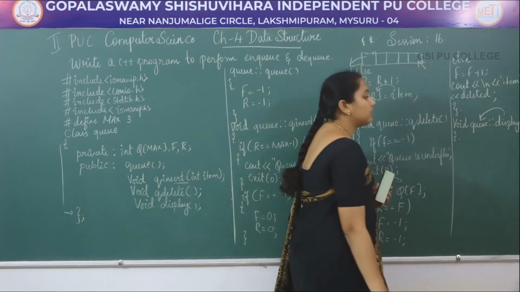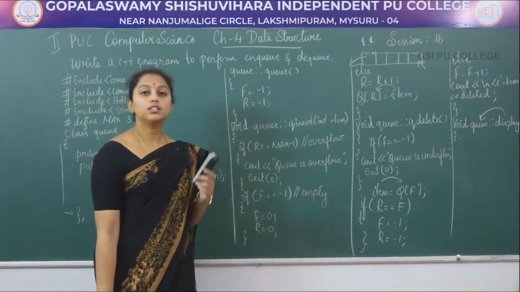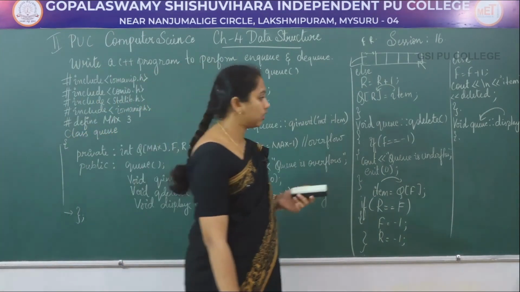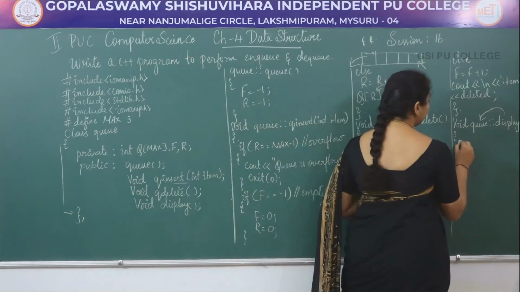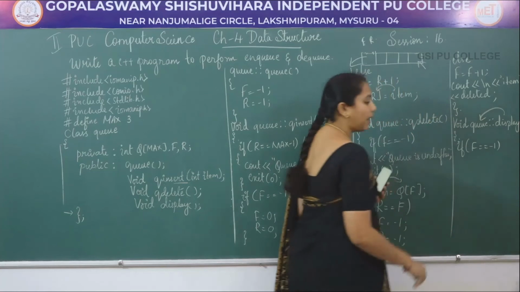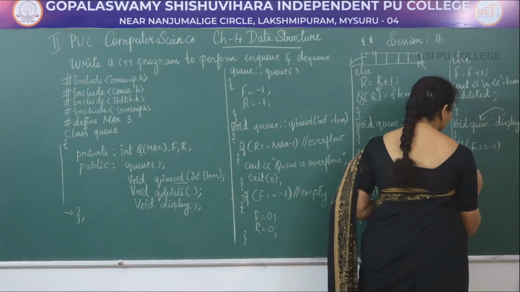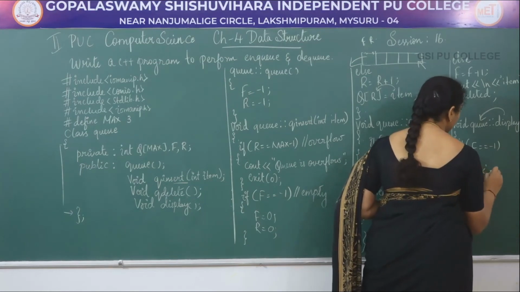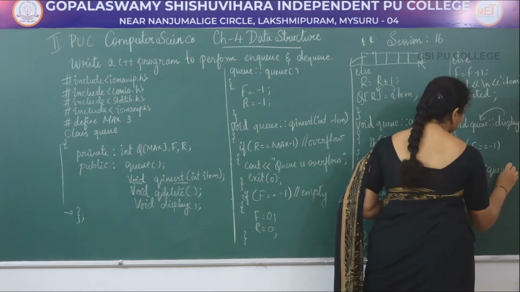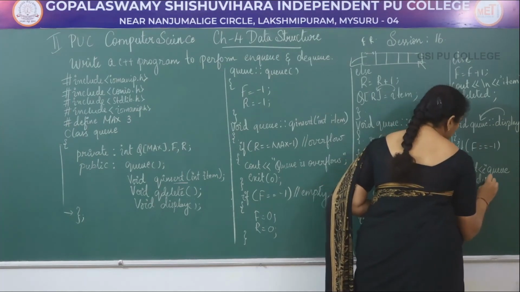While displaying the contents of the queue, first we have to check whether the queue is empty or not. For that we check the condition: if front is equal to -1, then using a cout statement I am going to print queue is underflow.